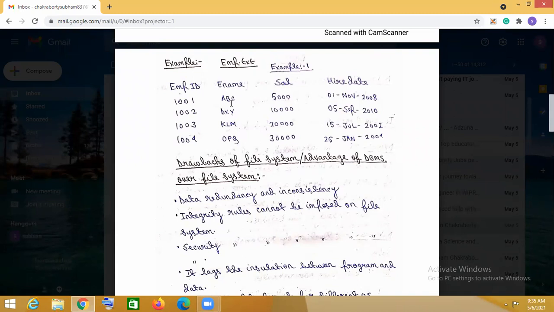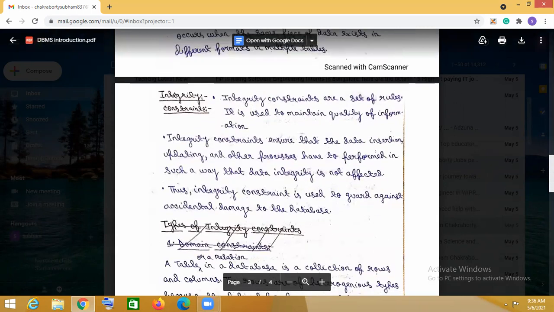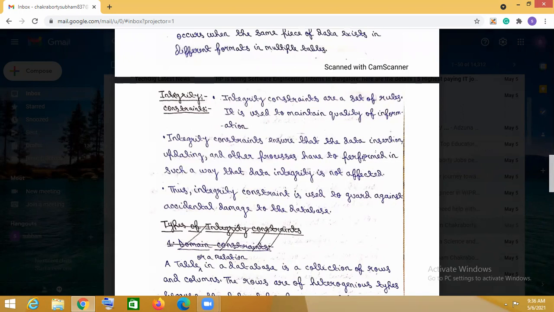During data insertion, updation or any other process, it must be performed in such a way that data integrity is not affected.